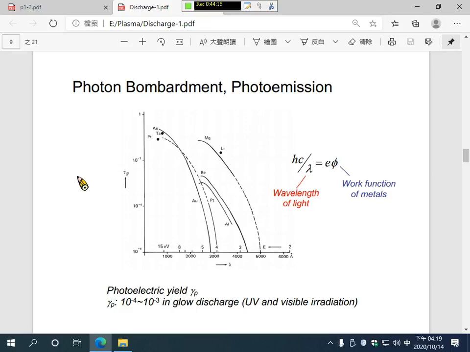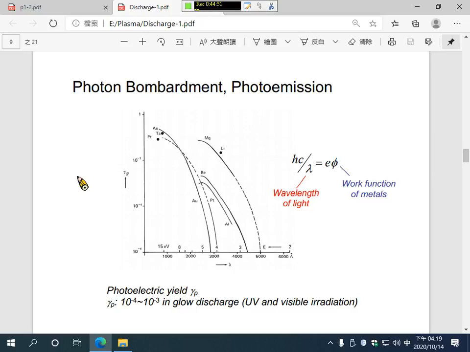But in the meantime, this process gives out light, and usually the light belongs to the UV. And for the neutral particles, when they relax from a radical state or high energy metastable state to ground state, they will also emit light. This part of light belongs to visible light.